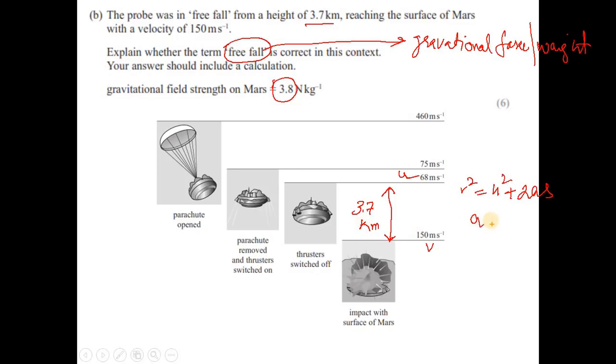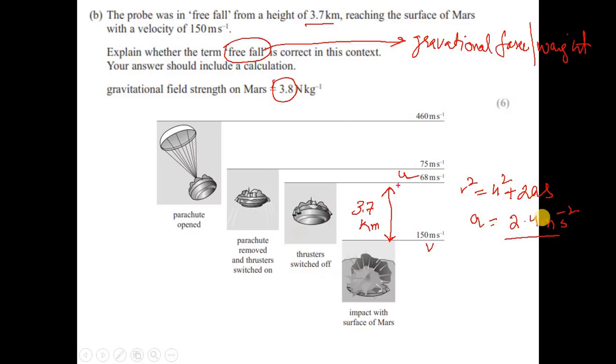The acceleration you will find is 2.4 meter per second squared. Clearly, during this fall, the probe has acceleration 2.4, which is less than the acceleration due to gravity at the surface of Mars. That means it is not a free fall motion.